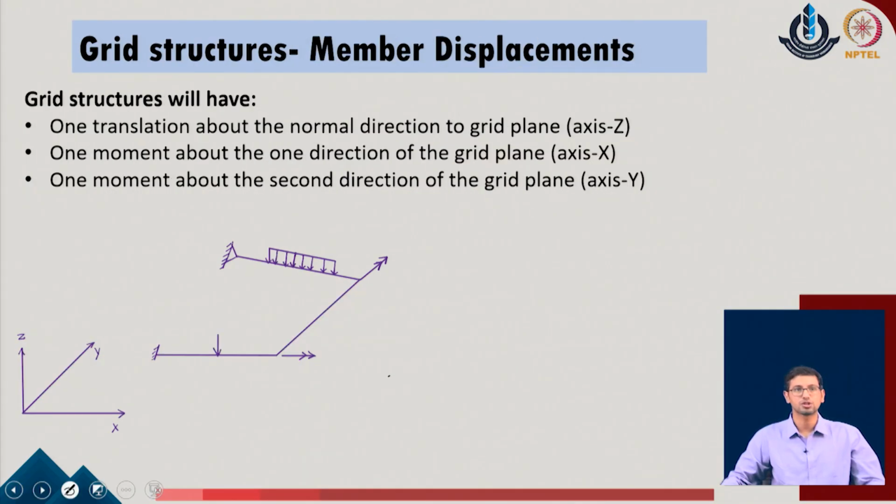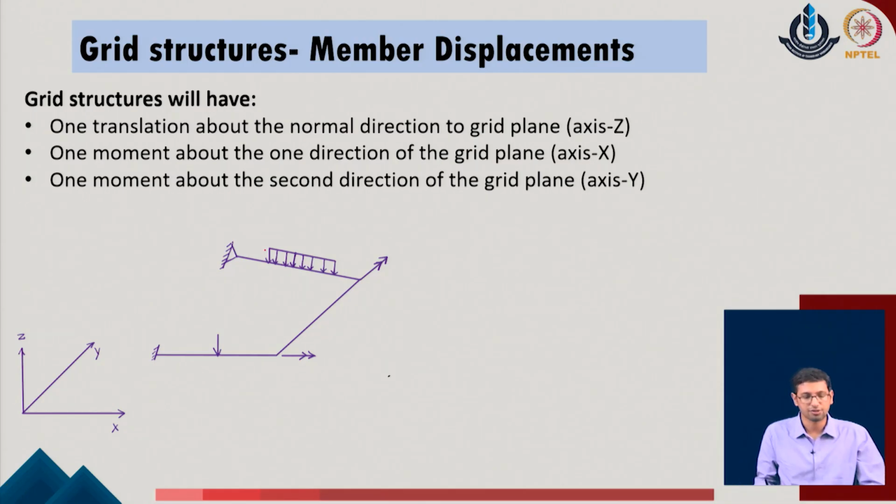Once we are comfortable with this part, we understand that at any point the frame system will have the 3 degrees of freedom or the 3 major displacements. One is the translation in the normal direction, which is normal to the given plane. If the plane is the xy plane for the given grid system, then transverse to that the member will bend in the given system. So, if I say that along the direction of x, along the direction of y and along the direction of z, there are 3 displacements u, v and w identified.